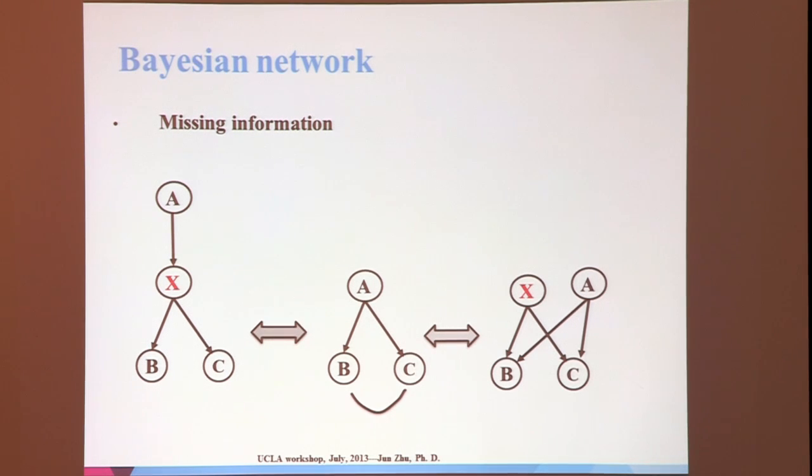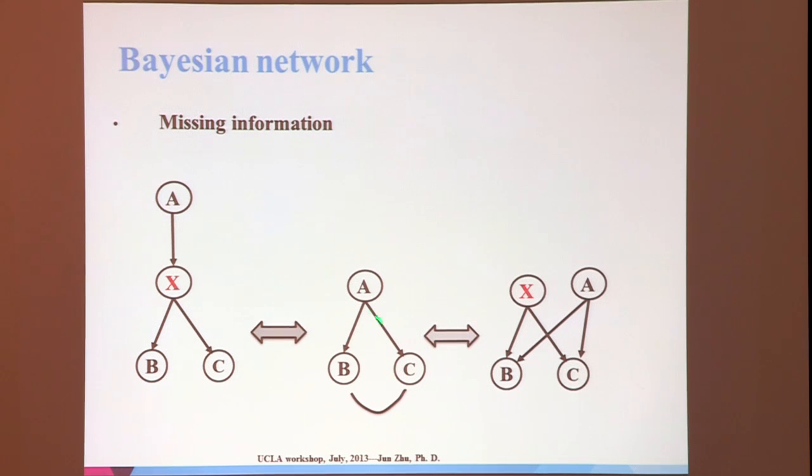For example, here we have estimated all this gene expression, but actually in the middle there is a small regulator that we cannot observe. If this is the true relationship but you didn't observe the middle one, you collapse it to this structure.